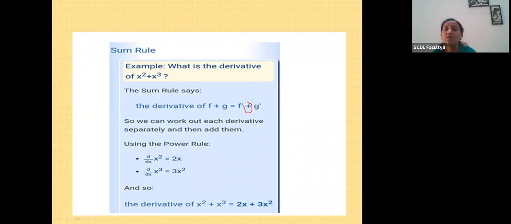Because in our sum rule we mentioned f dash plus g dash. So f plus g, x squared plus x cubed, is equal to d by dx of x squared plus d by dx of x cubed. I hope you are understanding what we are seeing here in this example.